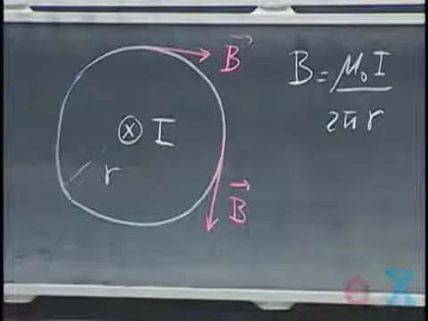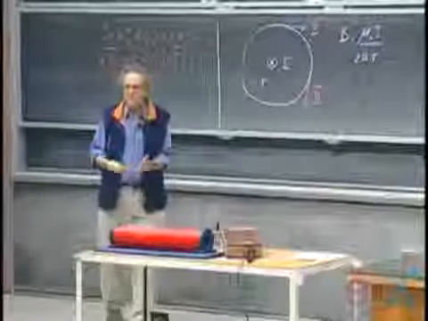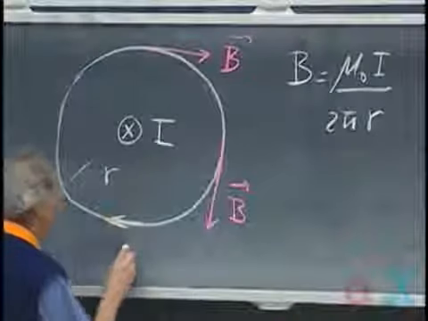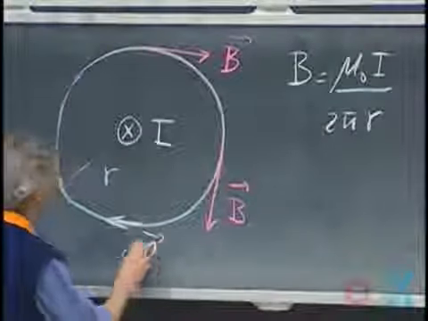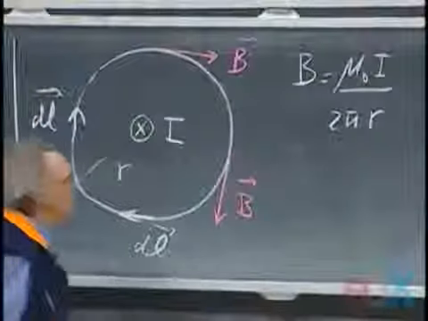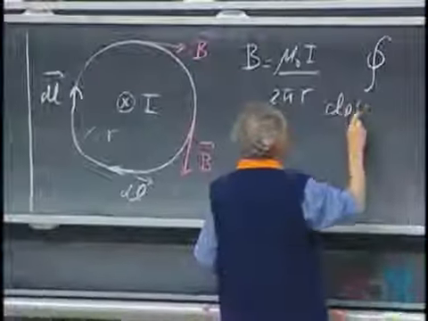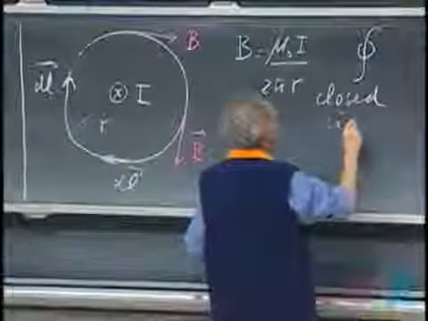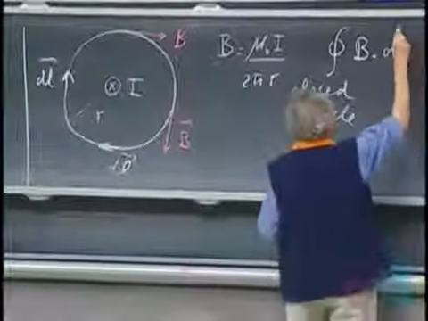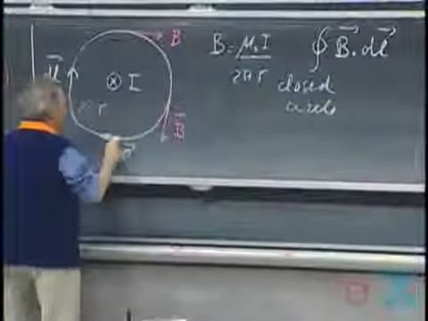If you walk around this circle and carve it up in little elements dl, and you calculate the closed circle integral of B dot dl, then everywhere locally you dot B with dl.